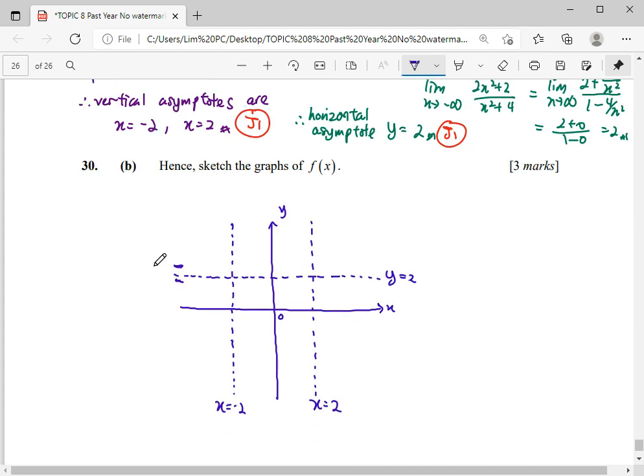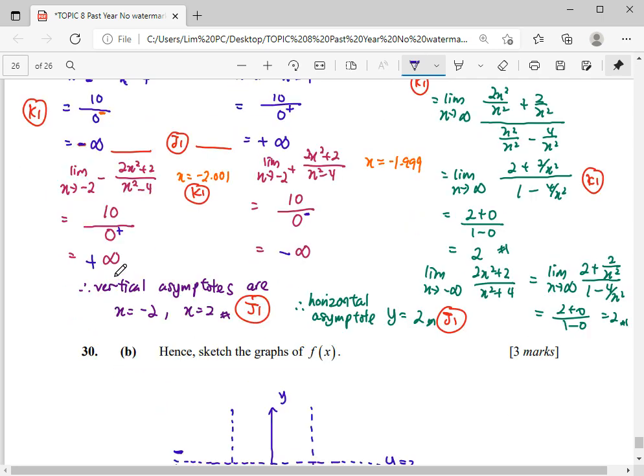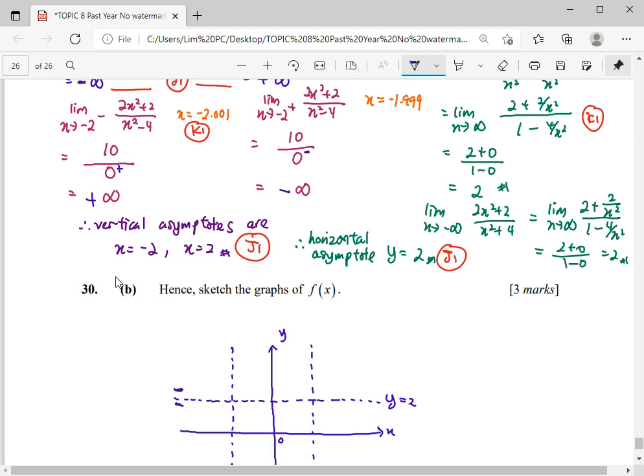And then we move to the closer part when x approaches -2 from the left hand side. So the limit when x approaches -2 from the left hand side, we get positive infinity. Positive infinity means up here. So it is clear that our graph will be in the part above y equals 2.